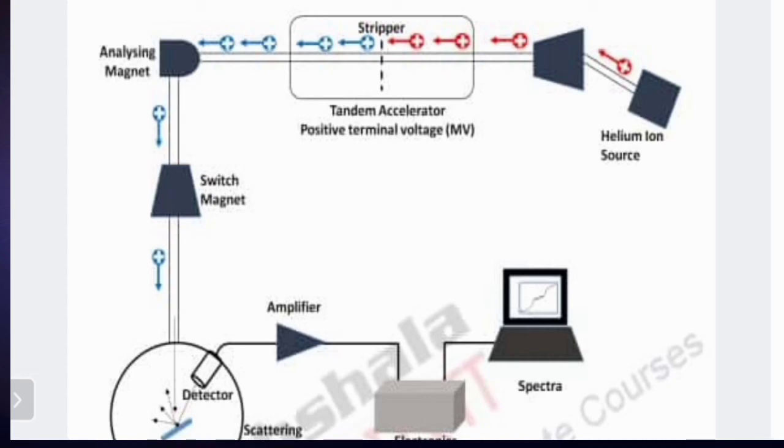Very high voltage is applied across this accelerator, so the ions get accelerated into this chamber. The accelerator is simply increasing potential of opposite polarity: helium positive is used, and the accelerator has negatively charged rods with increasing potential, so our ions gain more and more kinetic energy.